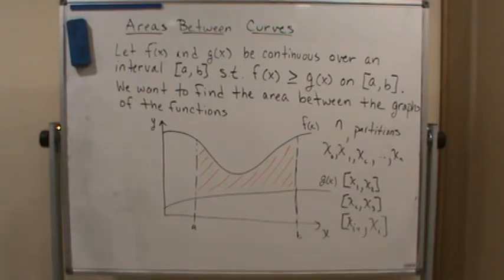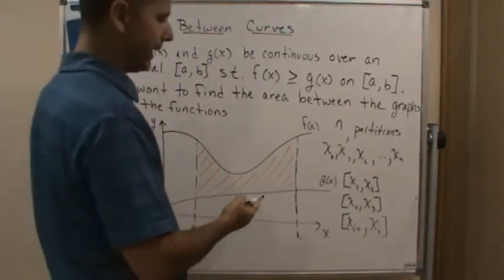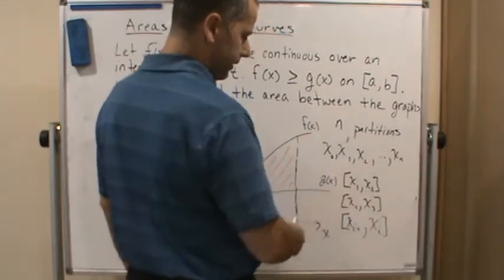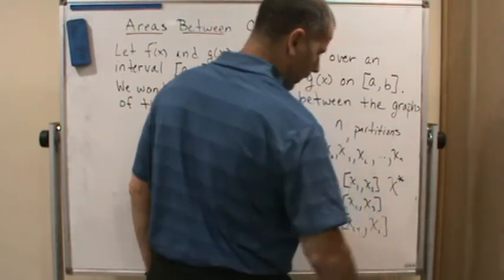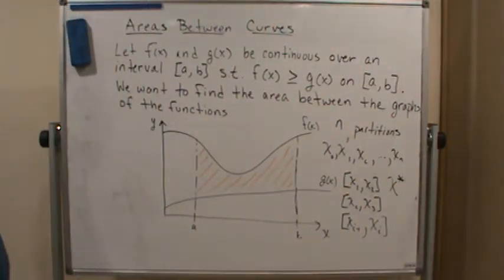So we're going to have these rectangles. And what we're going to end up doing is picking a point in these intervals, let's say x sub i star. So x star is going to be our sample point. We're going to pick the sample point within each interval to help determine the height of the rectangle.